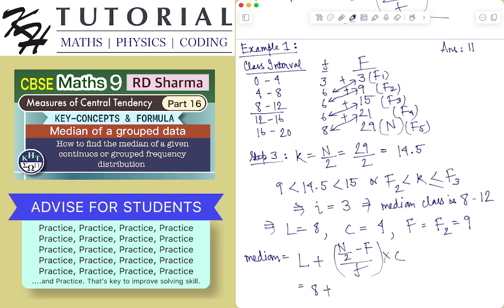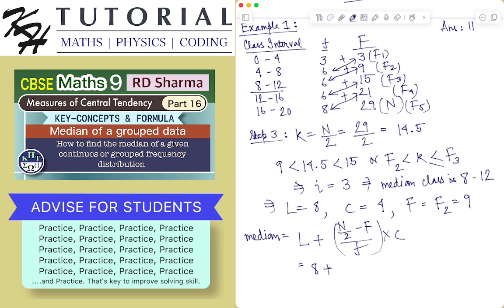What is n by 2? n by 2 is 14.5, minus capital F, which is 9, divided by small f. By the way, what is small f? Small f is the frequency of the median class. The median class is 8 to 12, so its frequency is 6. So we divide by 6, and this whole multiplied by 4.